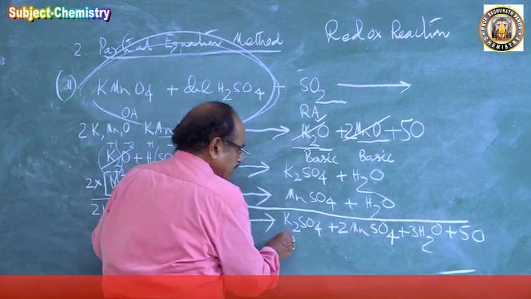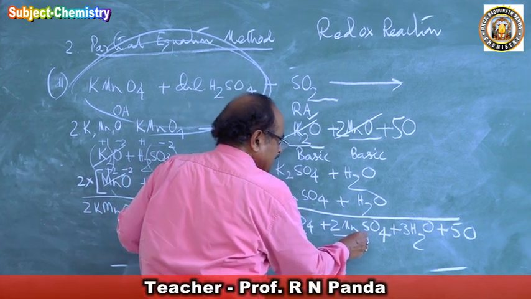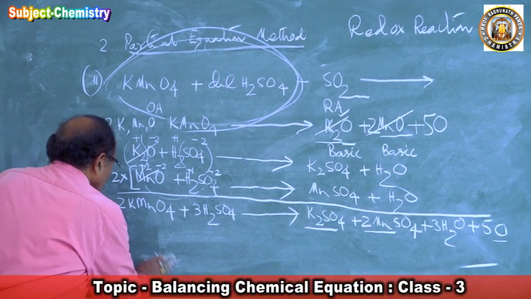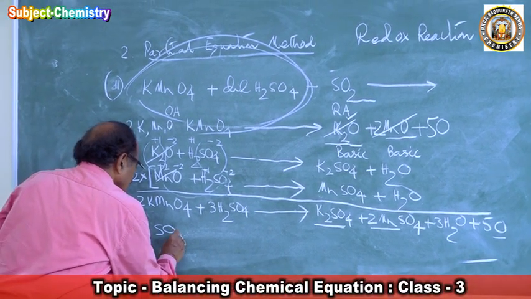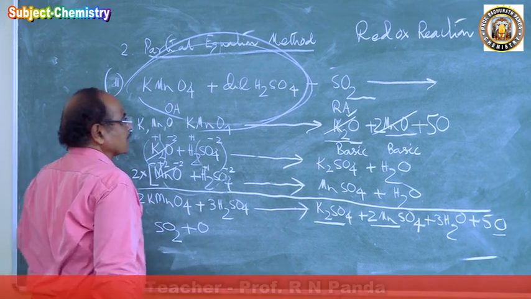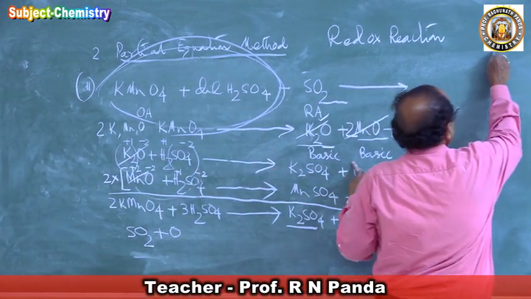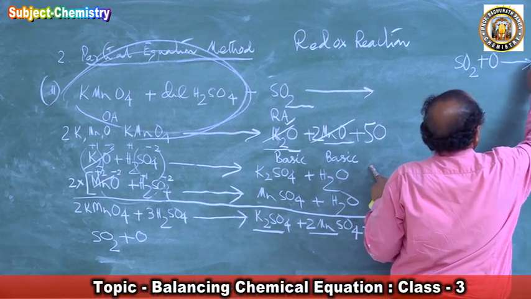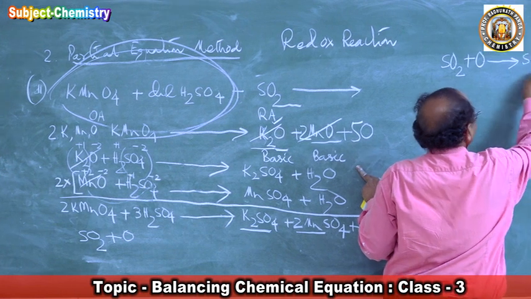Now this will not react. This will not react. Who will react? O will react. O will react with whom? With SO2. Sulfur dioxide will react with O to form what? Sulfur trioxide. We know sulfur dioxide reacts with oxygen to form sulfur trioxide.